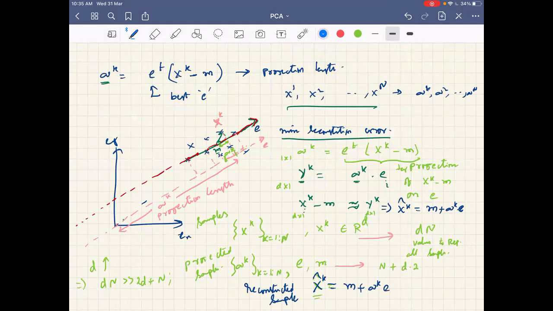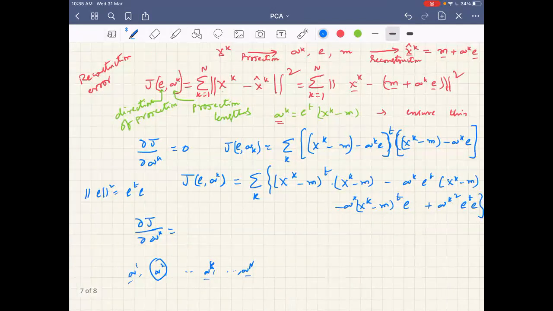There may be some dependence on E, the direction of projection, but not on the other samples. So will the summation be there? It will go away. In partial differentiation with respect to AK, the summation won't be there.